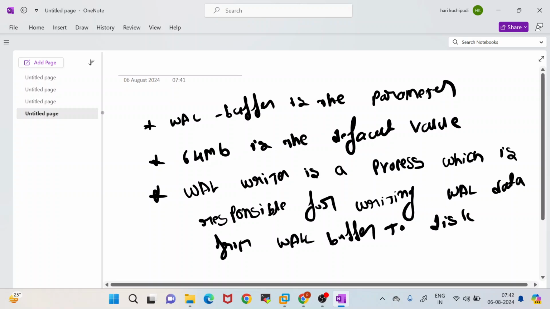When I say disk, we call it WAL files. The location where it is going to write is pg_wal.